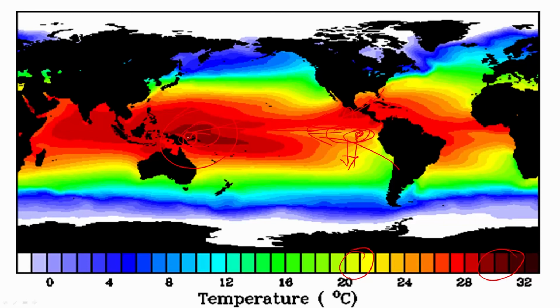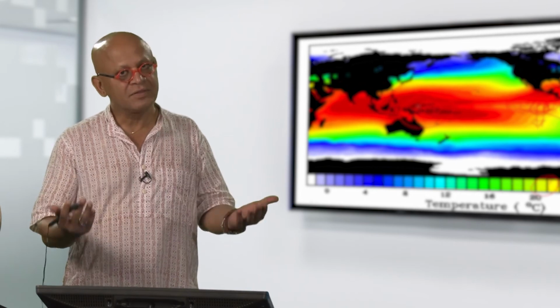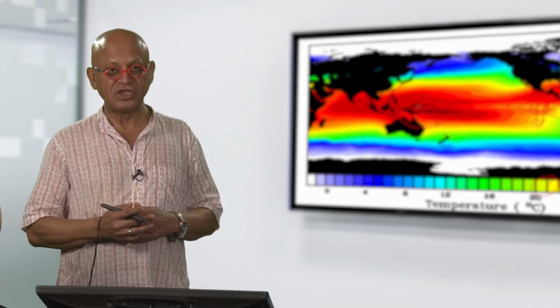So, there is a change of temperature going from Galapagos, for example, to New Guinea of almost 8 to 10 degrees centigrade. This gradient will be very important when we look at things like El Nino, because the cold temperatures create high pressure in the atmosphere, warm temperatures warm the air, air rises and causes low pressures here. So, high pressure and low pressure can create winds and then that can lead to other things like El Nino and so on.